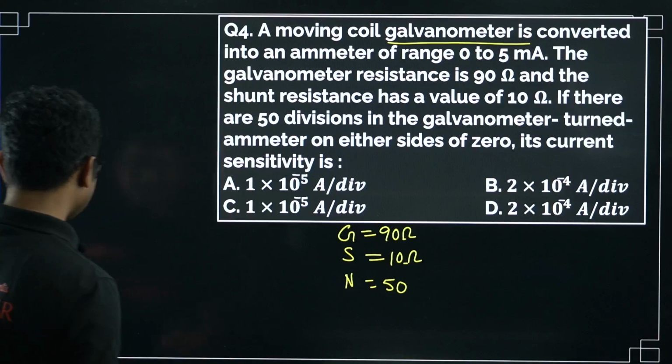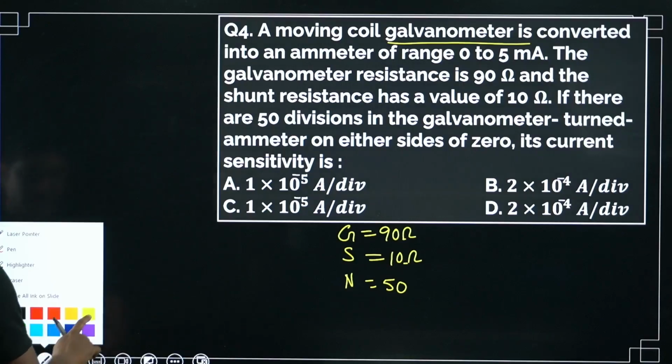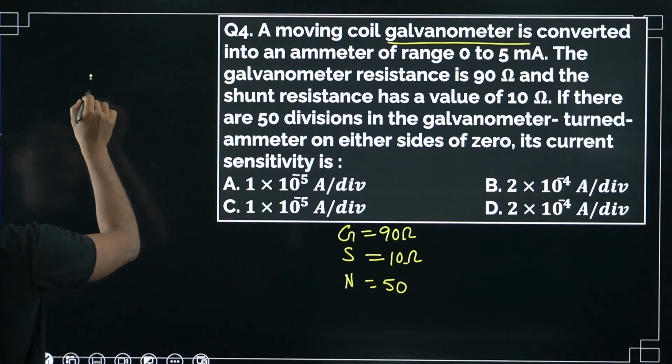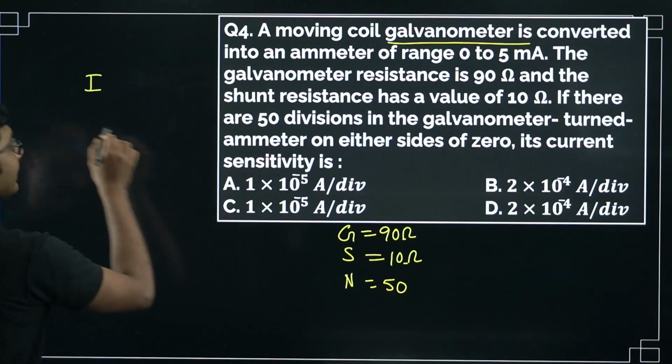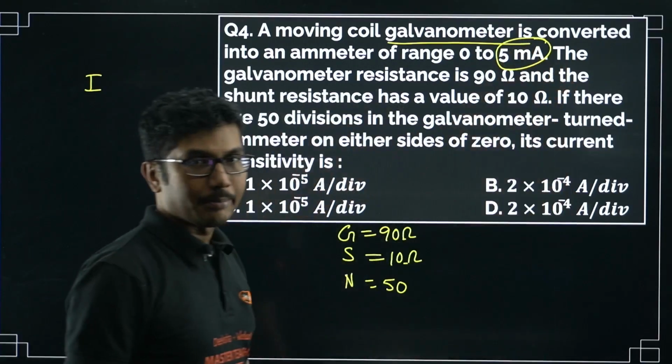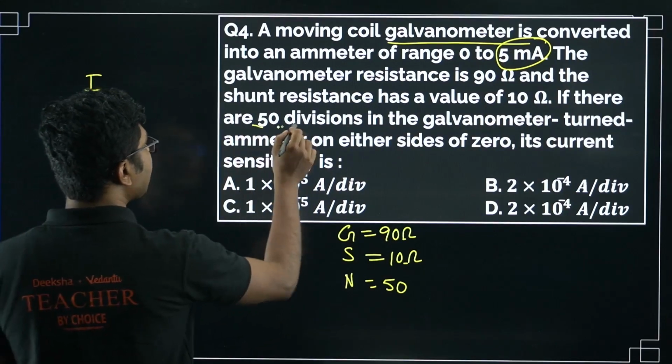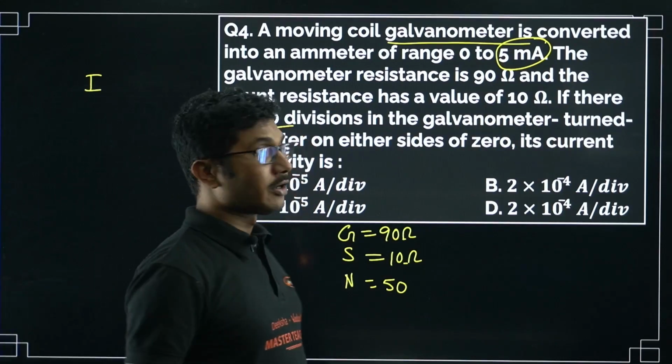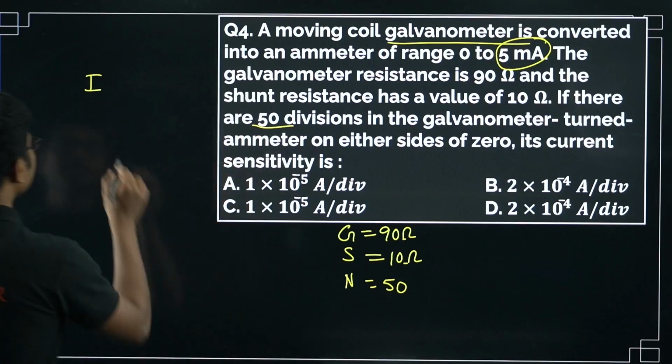So what is the sensitivity? What is the maximum current it can measure? It can measure maximum 5 milliampere current. What is the number of divisions for that range? Number of divisions is 50.